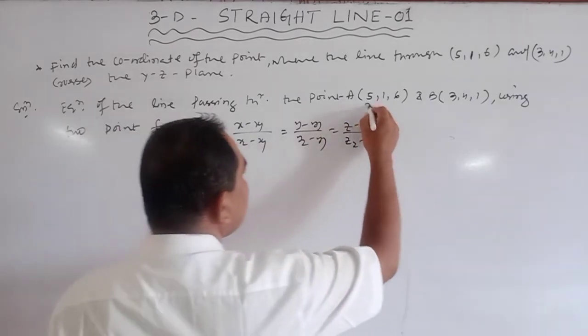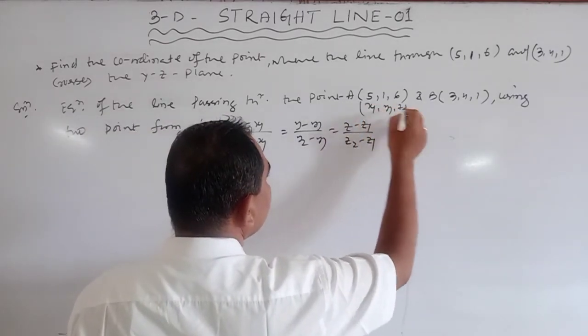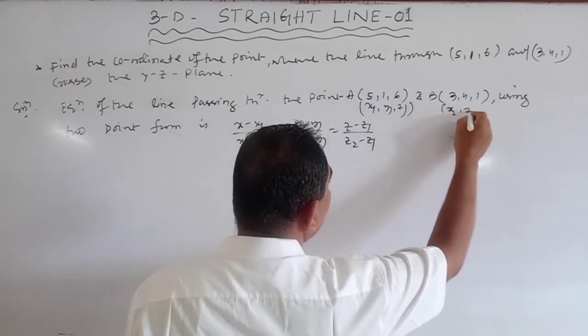So this is x1 y1 z1 and this is x2 y2 z2.